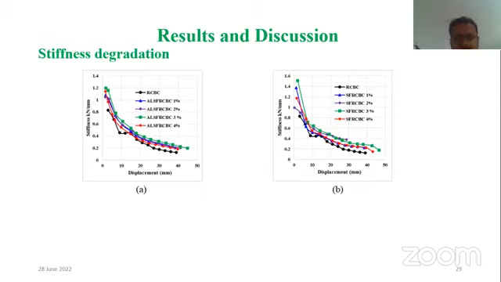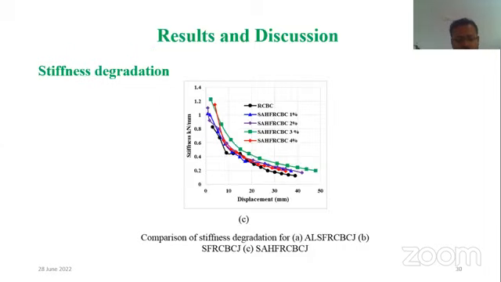From figure A, B, C, D, we can see the stiffness degradation for steel fiber reinforced concrete, steel hybrid fiber reinforced concrete, and areca leaf sheath reinforced concrete.